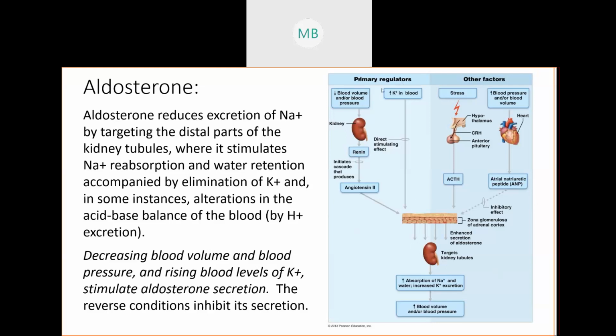So the primary regulators, or the first things your body prioritizes information from, is the renin-angiotensin mechanism. We're going to talk a little bit more about that in a minute, but essentially, the renin and angiotensin mechanism is what your body uses as the forefront to decrease your blood pressure.